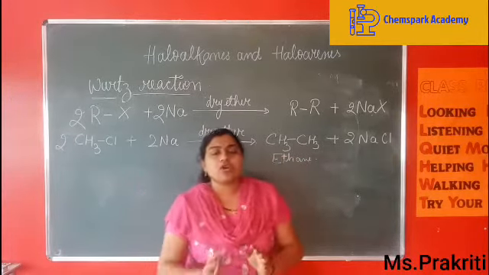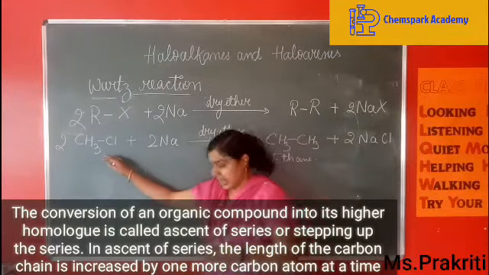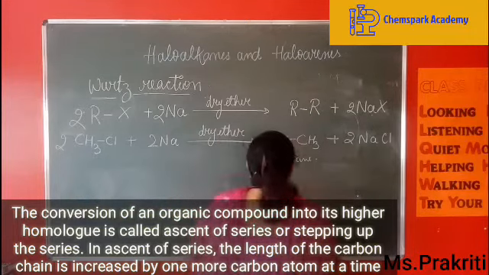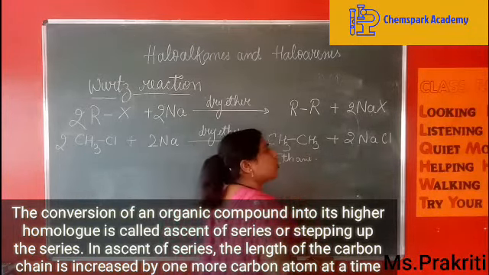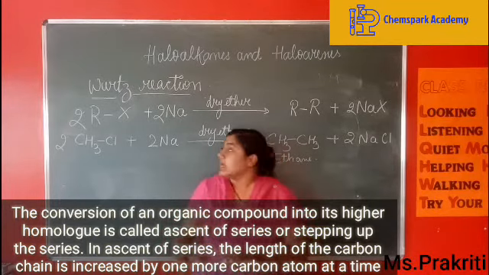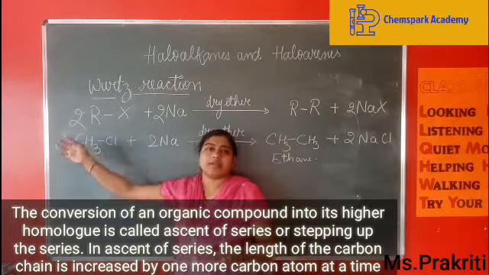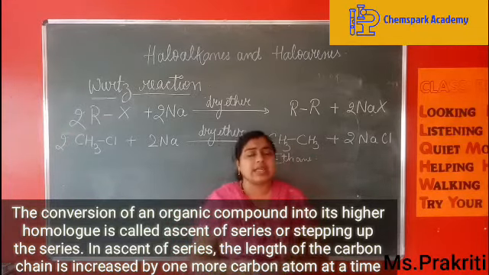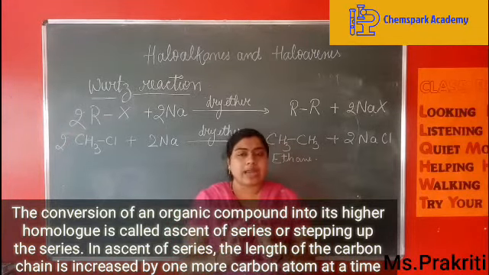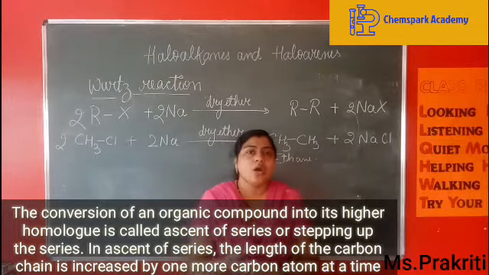That is, there was only one carbon in the reactant molecule, but when we talk about the product, we now have two atoms of carbon. Here we had only one carbon. Now in one single compound we have two carbons. That is, the number of carbon has just doubled in the product.